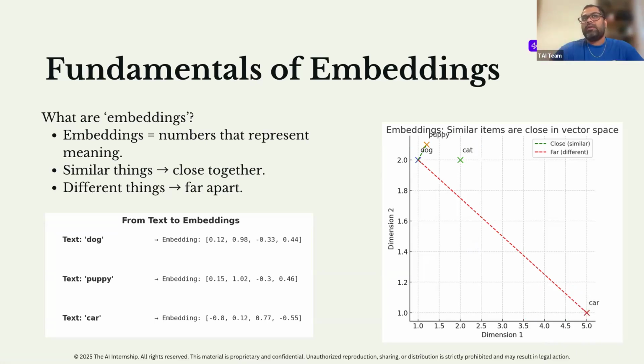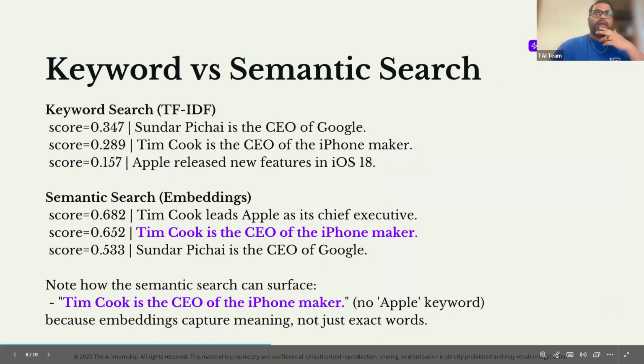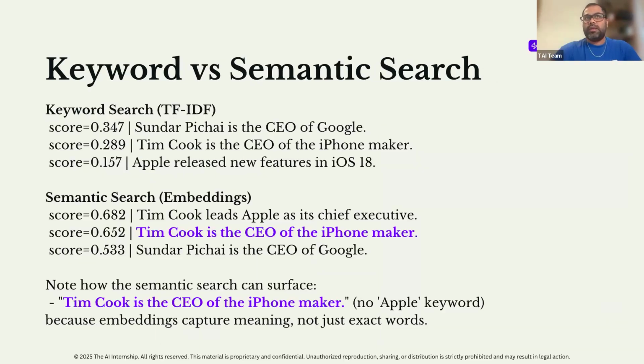But for now, just understand that words or sentences that are closer in meaning will be clustered together. The ones with a different meaning will be far apart. So that's the feature of embeddings when we generate them. This is a good example for this, but I'll show this in code as well.